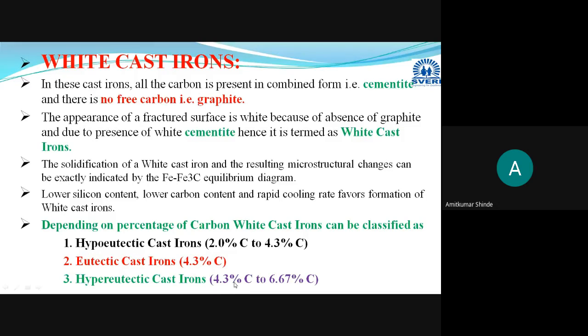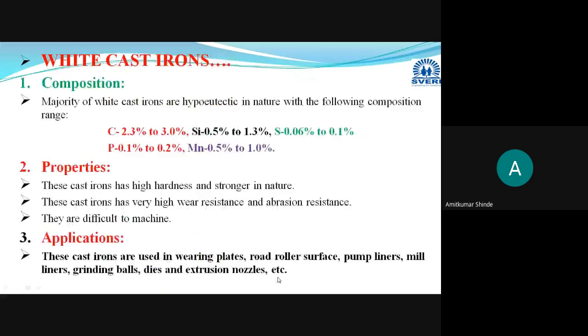And carbon more than 4.3 and less than 6.67% is hypereutectic cast iron. I will move towards the next slide. Now this is the white cast iron, and I have written there the general composition for the white cast irons.